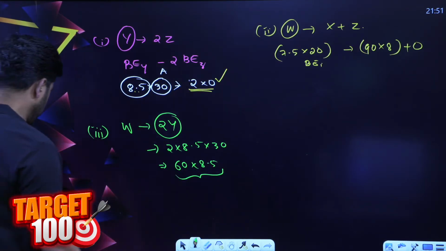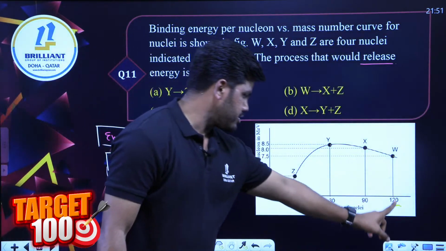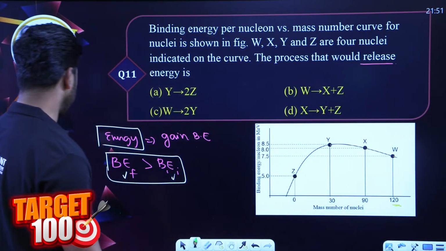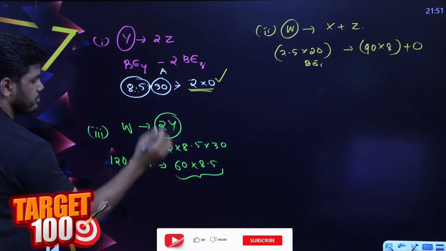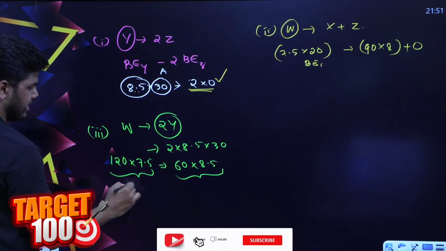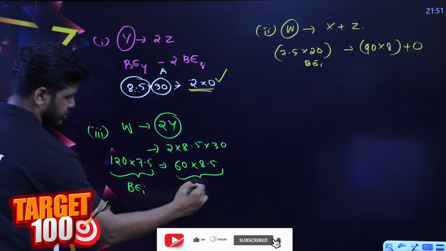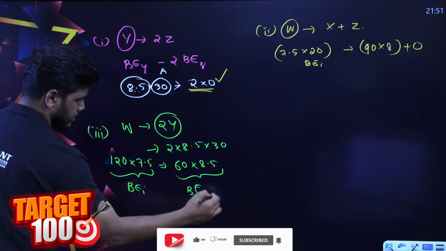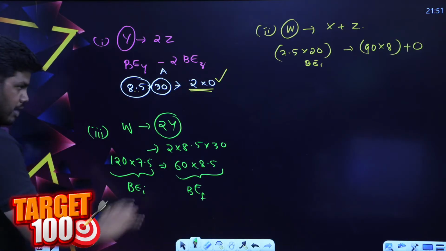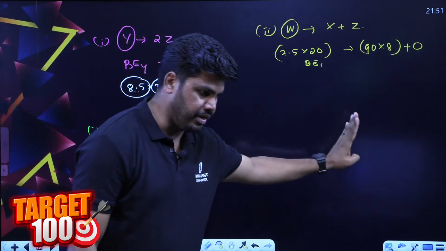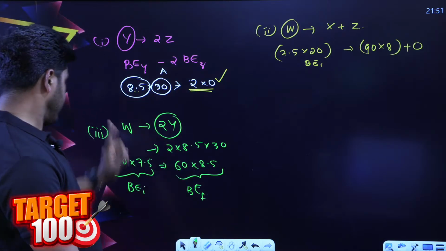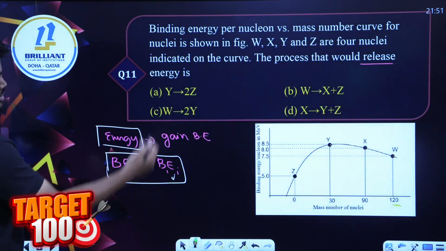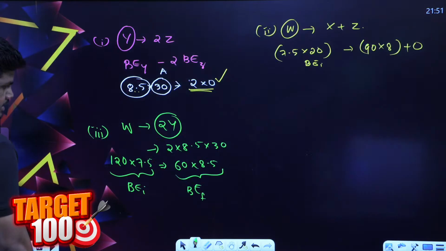And for W, we can calculate 120 into 7.5. This is binding energy initial. And for the last option, you have to cross check the values. Finally you have to tell me in which of them binding energy final is greater than that of initial. The last option is X splits into Y plus Z.